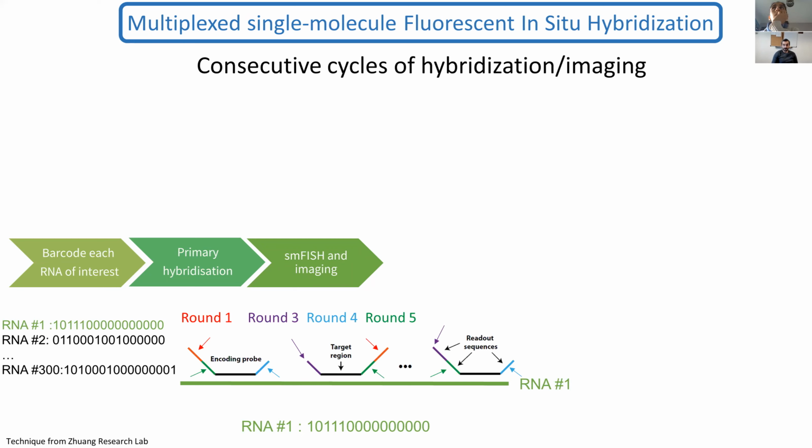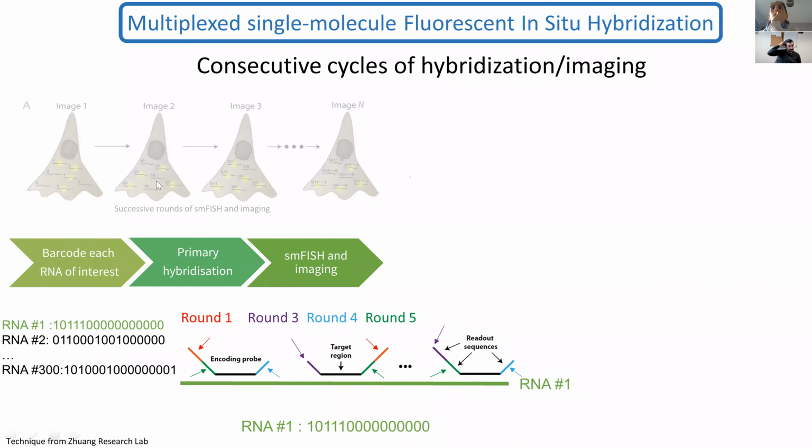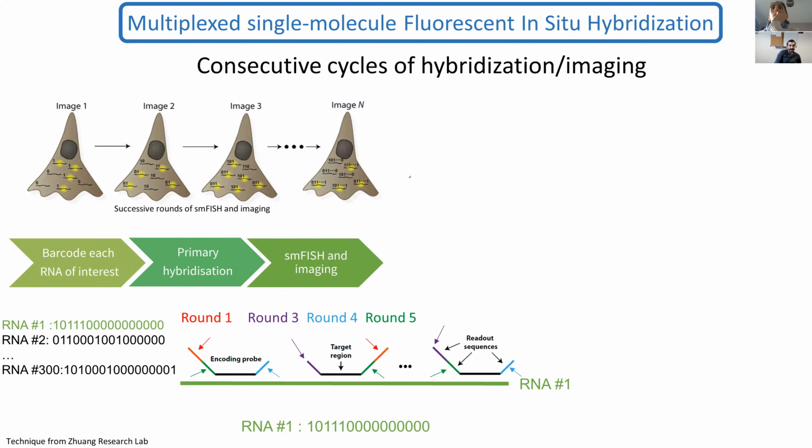In the second round, it's a 0 for the code, so you are not going to recognize RNA number 1. However, in rounds 3, 4, and 5, you are going to recognize RNA number 1. So next.